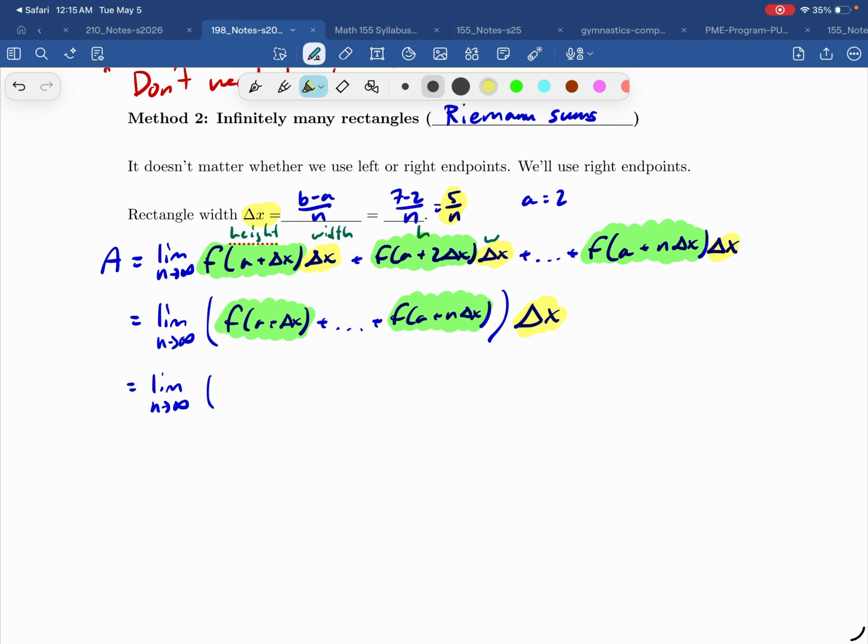So anyway, we're going to have f of 2 plus 5 over n plus and so on, plus f of 2 plus n times 5 over n. Note that that's just f of 7 in this case. We'll still leave it. And then all of this is times 5 over n, because that's what delta x equals.